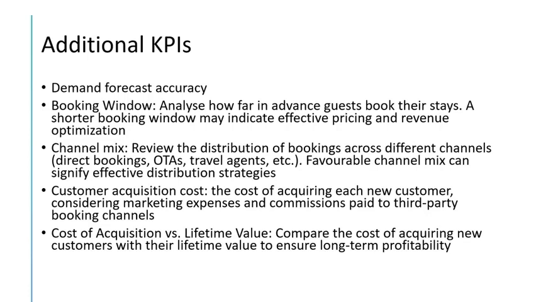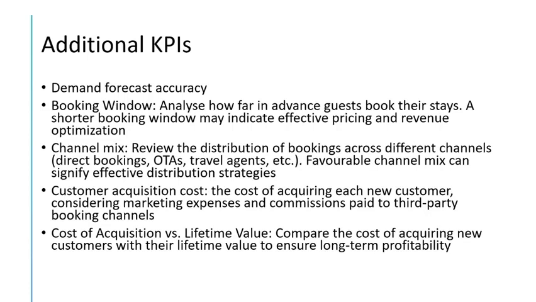Then we have booking window. Booking window is just like booking pace, okay? You are basically looking at how far in advance your customers are booking their stays, right? We don't look at this at the aggregate level, we don't look at this generally for all our customers. We look at this per customer segment.